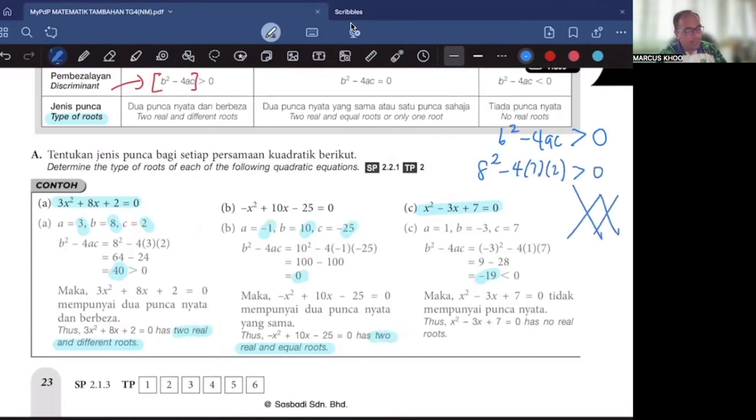This is a wrong step. You cannot write more than 0, because how do you know it's more than 0? You find the value first. That's why there's this line over here: the number 40 is more than 0, therefore b squared minus 4ac is more than 0. That's how we do this.